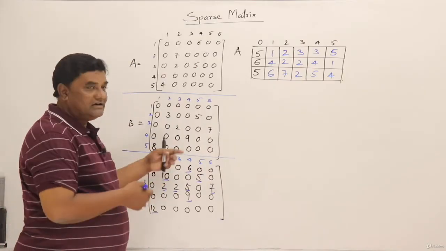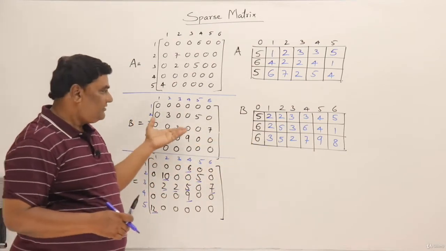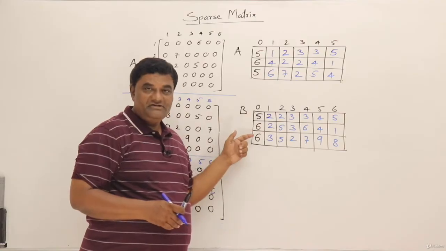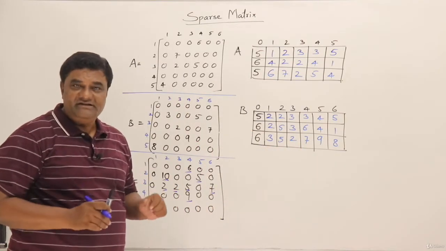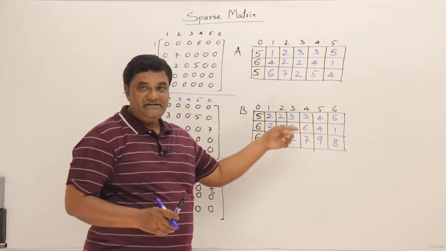Now second one, I will do it quickly. So I have a representation for B matrix also, which is having 5 by 6 dimension and 6 non-zero elements, and all those elements are here. Let us see how addition can be done. We have to add these two matrices from this representation.